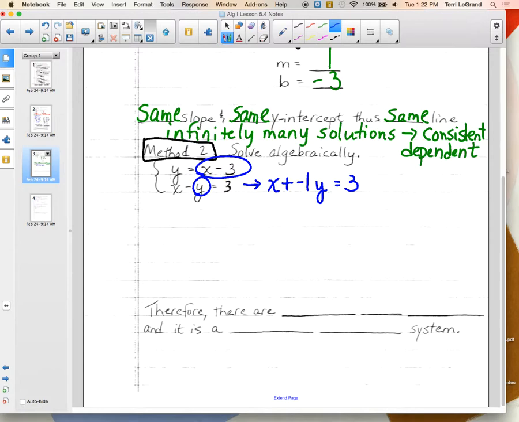If you have a negative y, it is really being multiplied by negative 1. Is that true? Am I misleading you? I hope not. So we have x plus negative 1, and in parentheses we put in place of that y, x minus 3, and then we'll finish our equation equals 3.